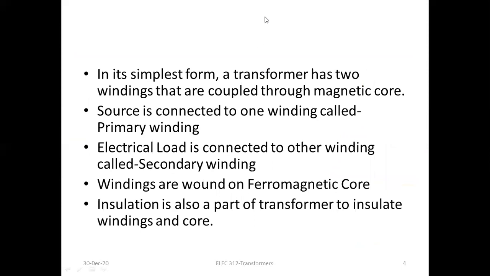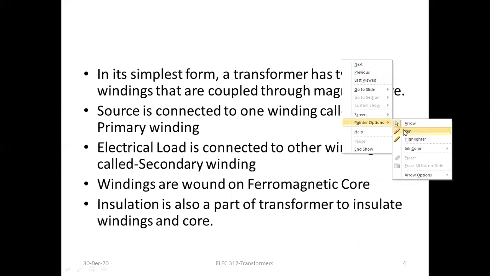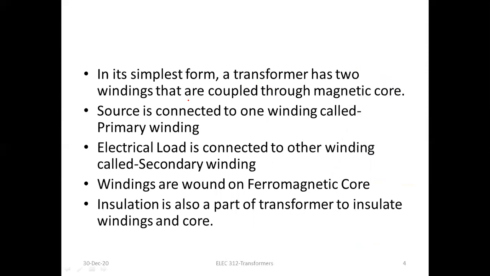In its simplest form, a transformer has two windings that are coupled through a magnetic core. So the source is connected to one winding, called the primary.